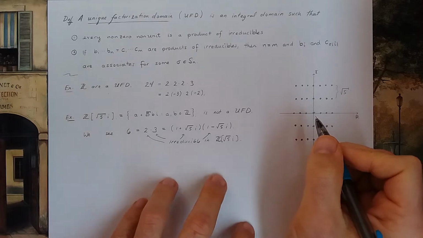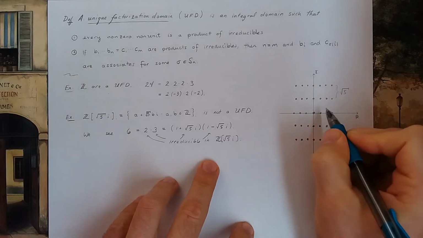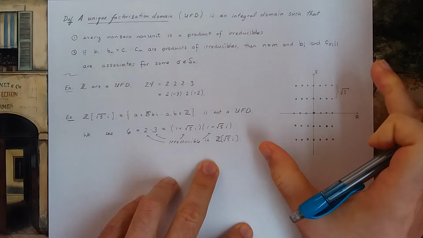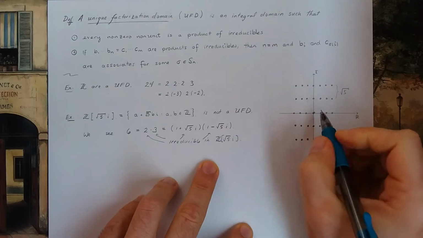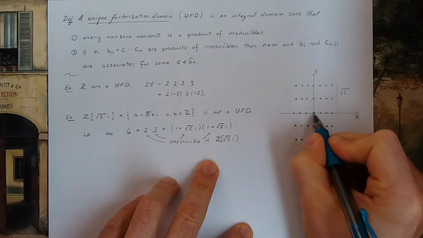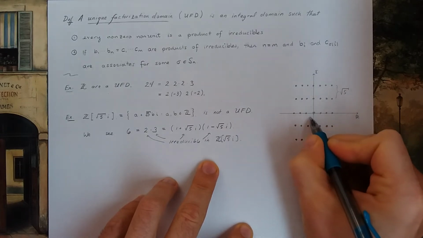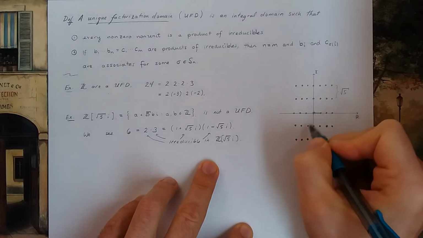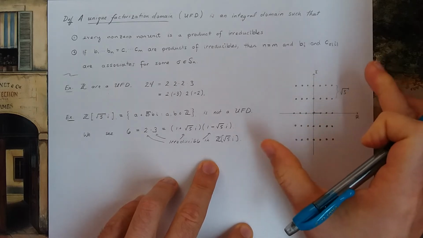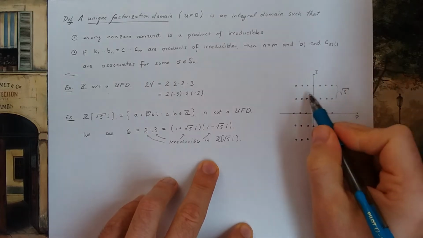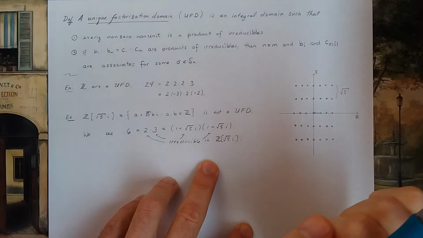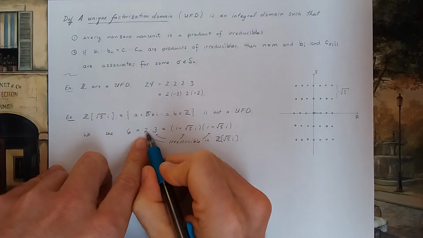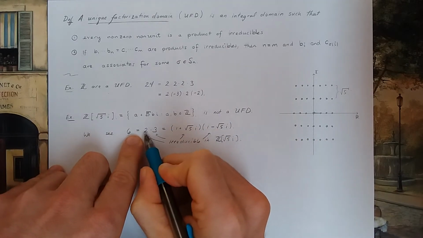We gave a similar argument in a previous video that when you multiply by an alpha in this ring, the magnitude can only increase because in this ring, except for 0, the complex magnitude, the distance away from 0 of every point is bigger than or equal to 1. So when you multiply by any non-zero element in this ring, you increase the magnitude of what you're multiplying by. So you could just check every number with complex magnitude less than 2.